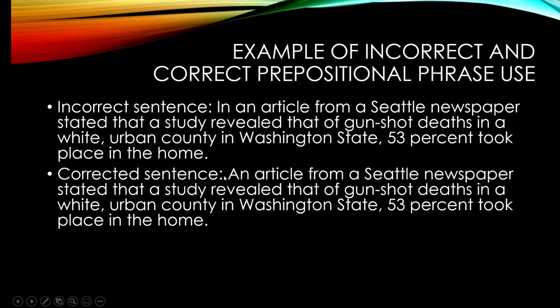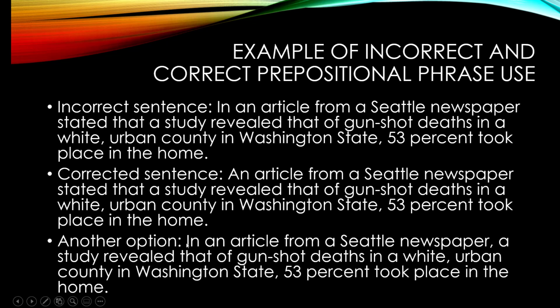So, remove the prepositional phrase. An article from a Seattle newspaper stated that a study revealed, and so on. Or keep the prepositional phrase, but add a subject. In an article from a Seattle newspaper, a study revealed that gunshot deaths, and so on. So now we have a subject and a verb, and now it's a complete sentence.